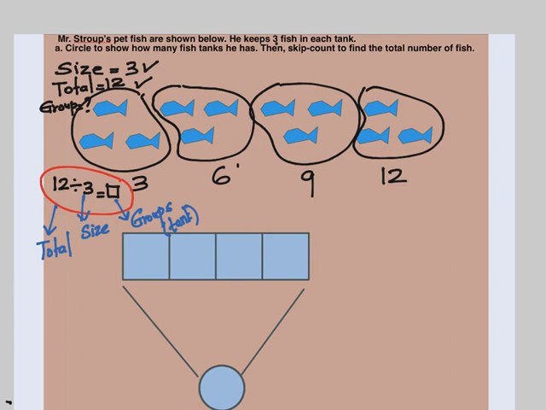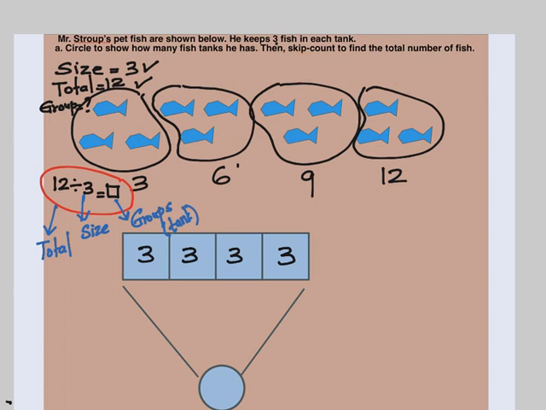Okay, so let me make a tape diagram. 3 fish in each group. This is the second group, the third group, and the fourth group. Or I can say in this way, 3 fish in the first tank, 3 fish in the second tank, 3 fish in the third tank, and finally 3 fish in the fourth tank. How many number of groups? Let us check. This is group number 1, group number 2, group number 3, group number 4.